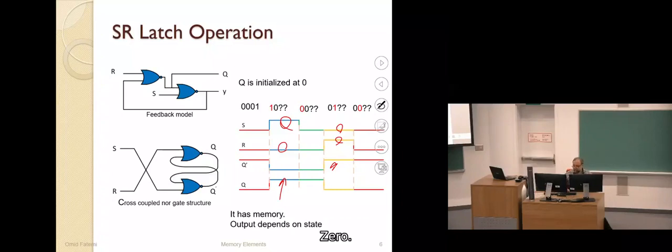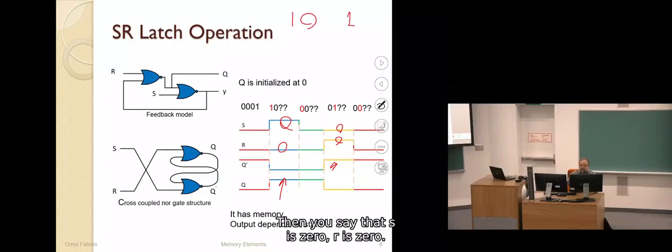If we were to set it and then enter 0, it does nothing. What if we were to then, after the 0, set it again? Does it also do nothing? If it is set, yes. I don't have it as an example, but I could build it. If S is 1, R is 0, so Q becomes 1.